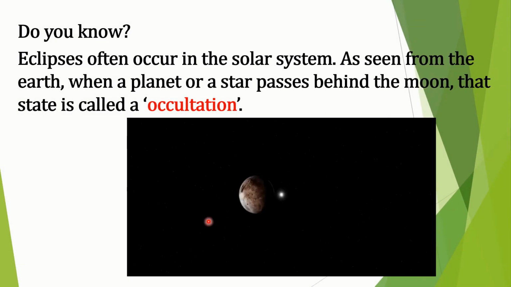Students, do you know that eclipses often occur in the solar system? As seen from the earth, when a planet or a star passes behind the moon, that state is called an occultation.